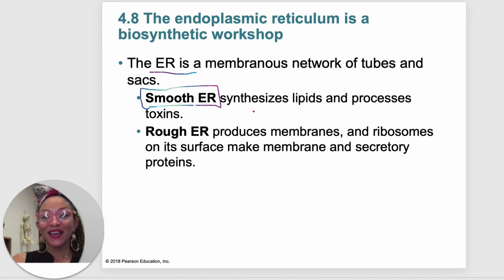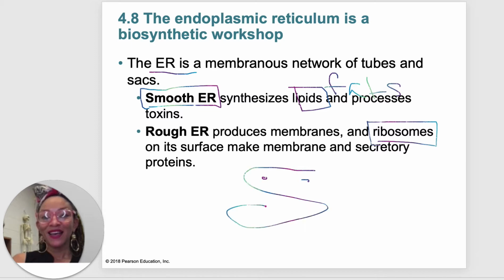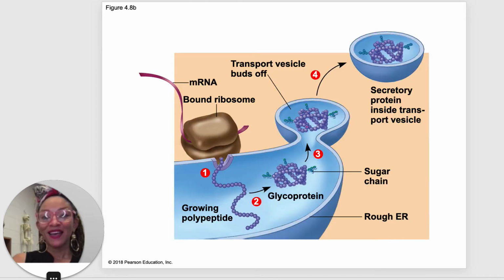It synthesizes lipids and helps our cells deal with detoxification. Lipids, remember, are fats, so it helps to make fats. The rough ER is more associated with ribosomes and protein production. You'll see those studded all along, it's folded up like this, and you can see these little studs of ribosomes. So you know that is protein production.